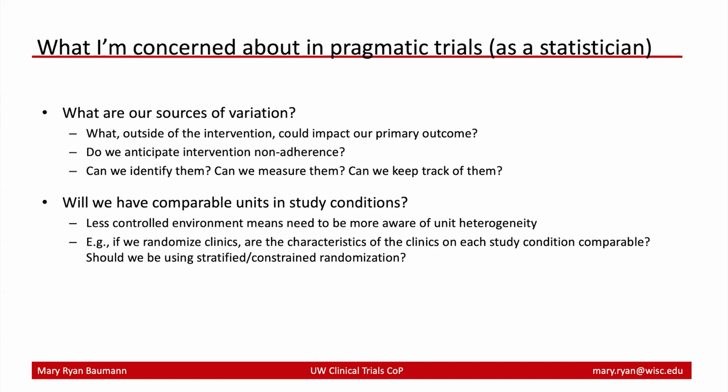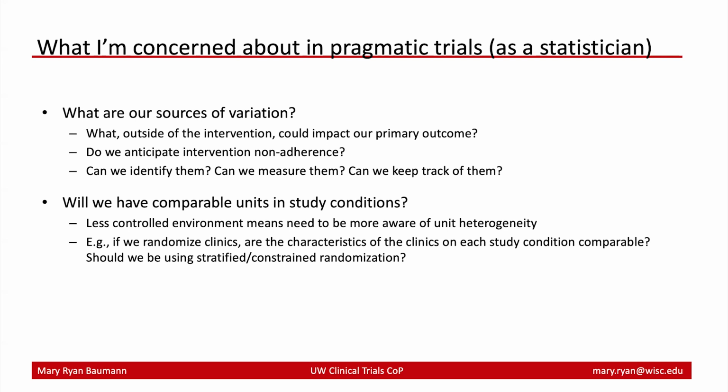So usually one of the first questions I ask is, what are our sources of variation in this trial going to be? Because we're in this pragmatic setting, we are controlling less of the environment. And so we need to understand what outside of the intervention could impact our primary outcome, what things could impact intervention adherence, and do we anticipate any intervention non-adherence? Is that something we need to measure?